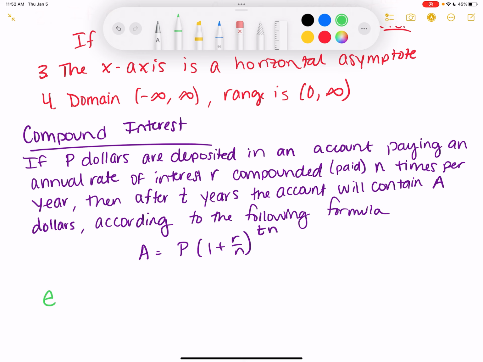No. Sometimes people celebrate this day in February. No. It is 2 something, but it's not 2.14. 2.7, right? 2.718, blah, blah, blah.